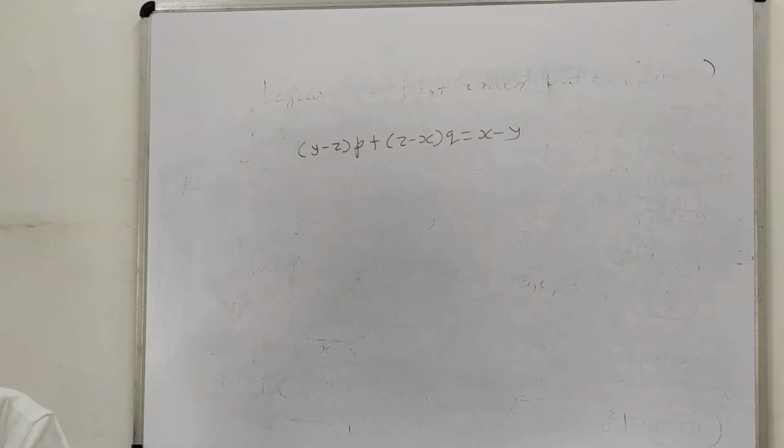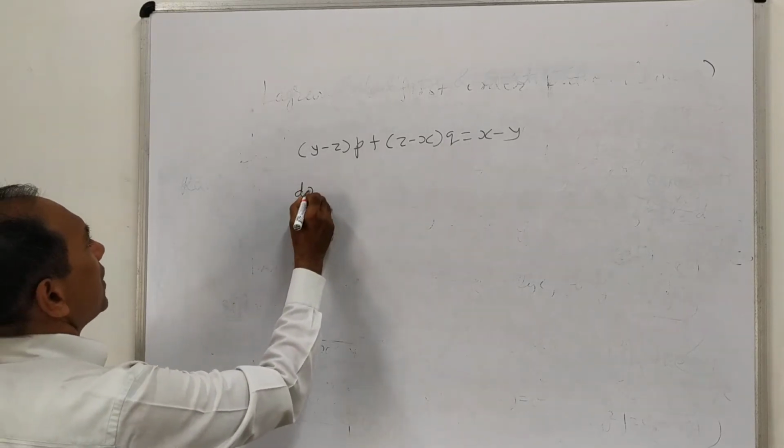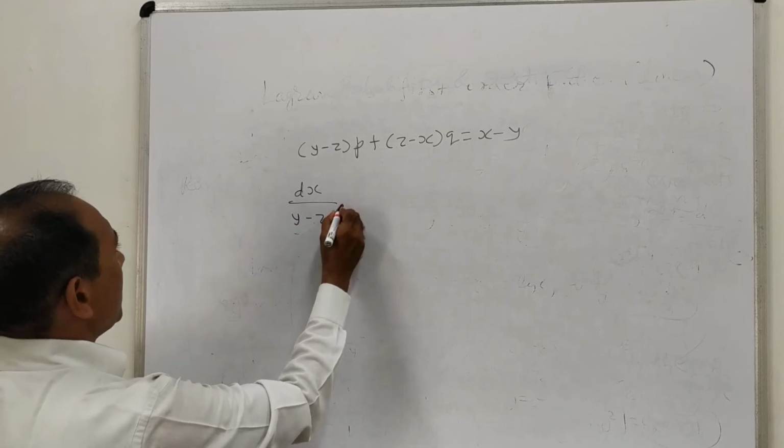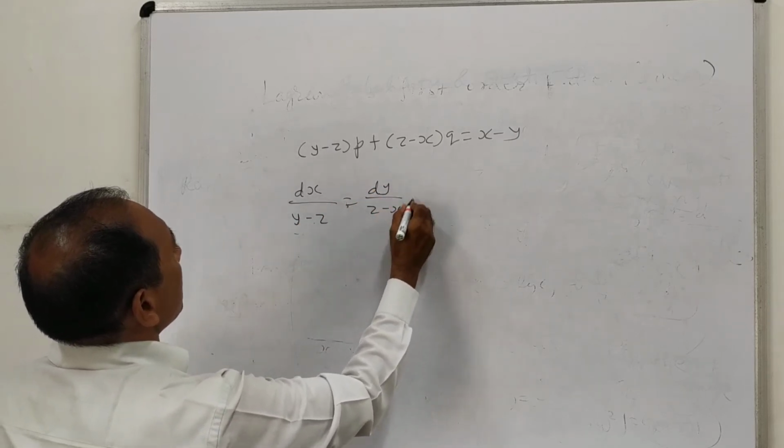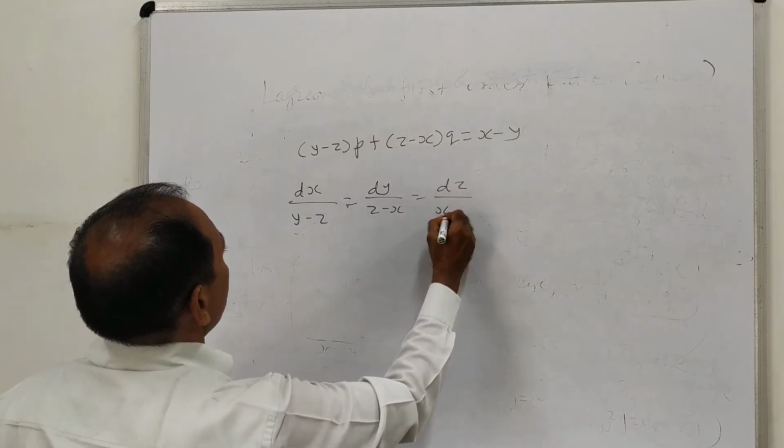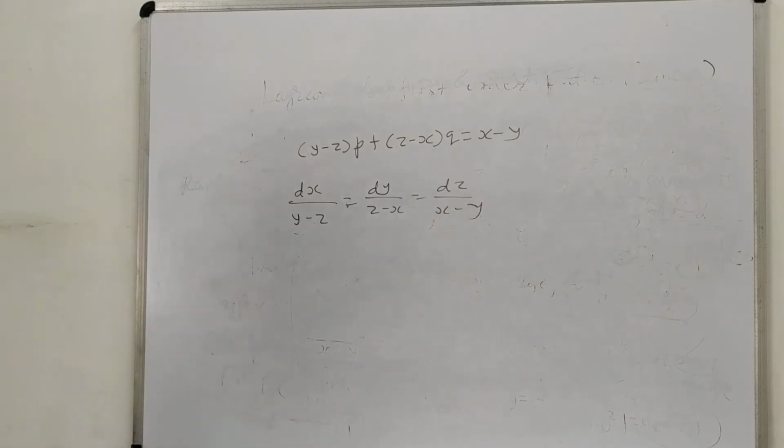From this we can write down, as usual, the auxiliary equations dx upon y minus z equal to dy upon z minus x equal to dz upon x minus y. This we can write after identifying capital P, capital Q and capital R.